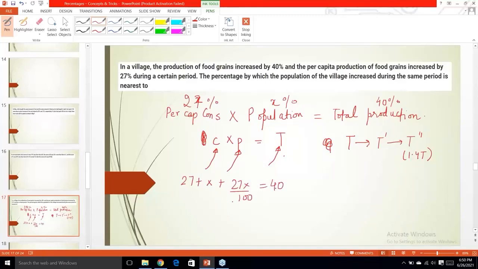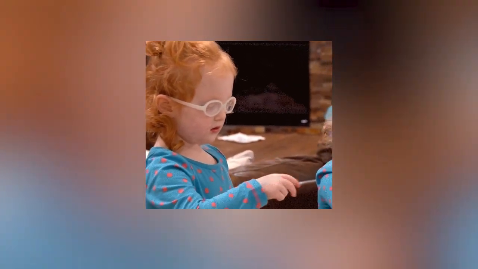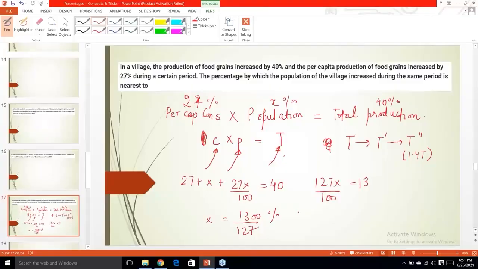So 27x by 100 plus x is 127x by 100 is 13. So x gives you 1300 by 127%, right? Clear to everyone?